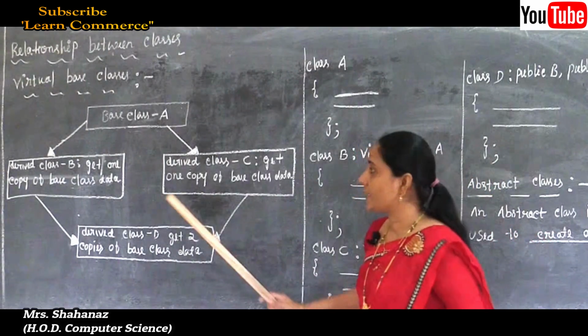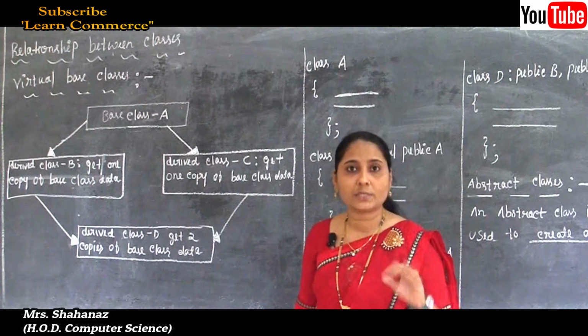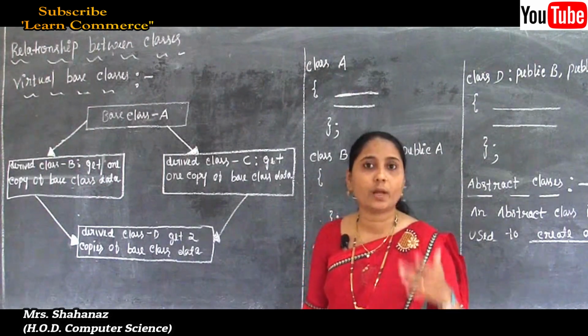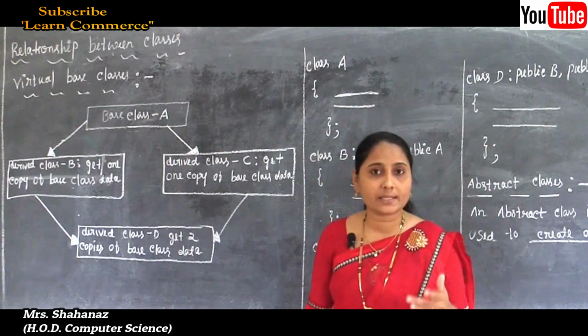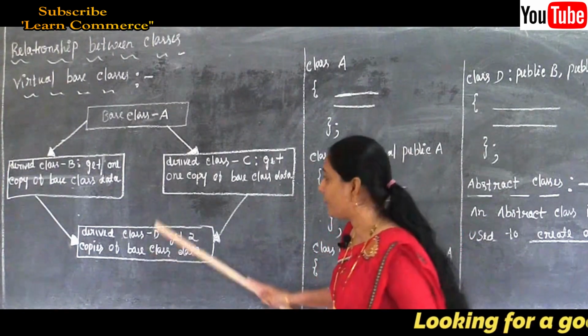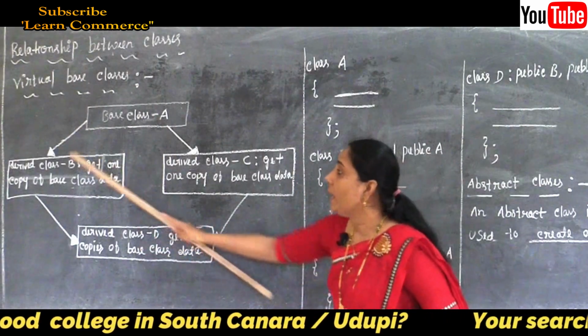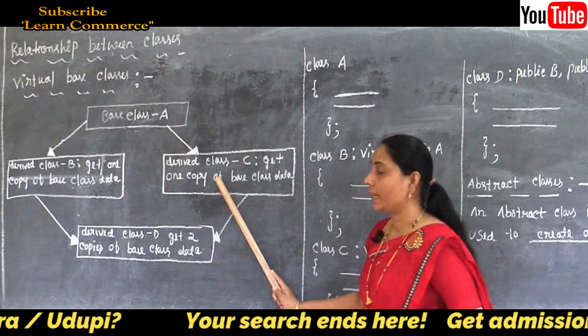Again I am going to repeat about virtual base classes. When we declare virtual base classes, when a class is created using two classes, that is, this class is constructed using B and C, at that time we'll get two copies.